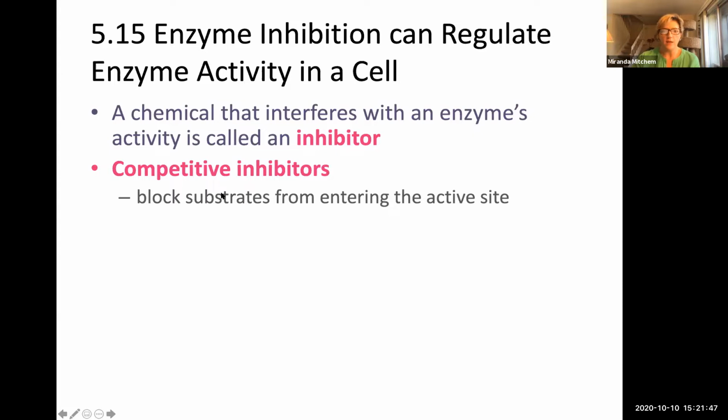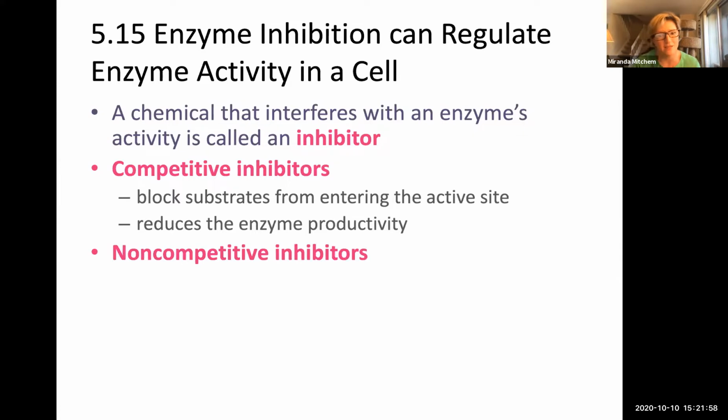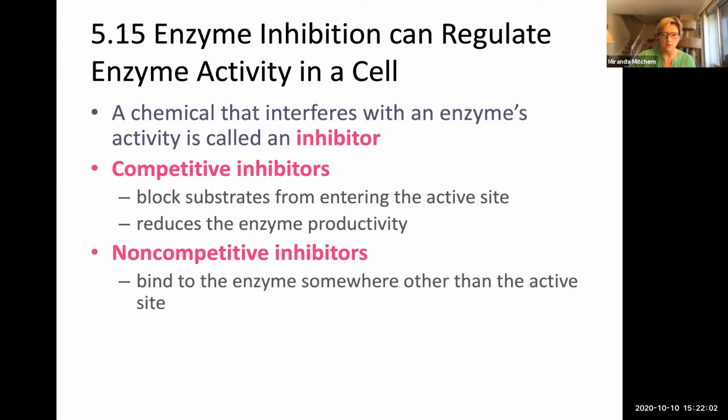The competitive inhibitor goes to the active site. It is competing for the active site. The non-competitive inhibitor does not bind the active site, but it changes the shape of it. So it binds somewhere else than the active site, but does change the shape. It inhibits. So the outcome is the same, inhibition.